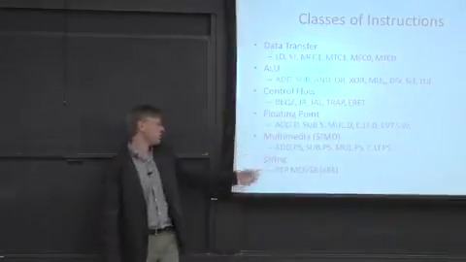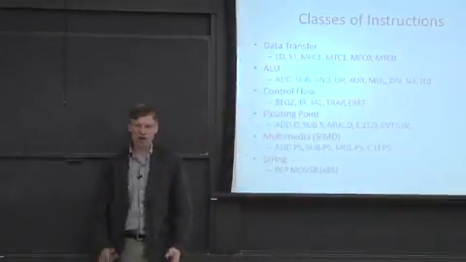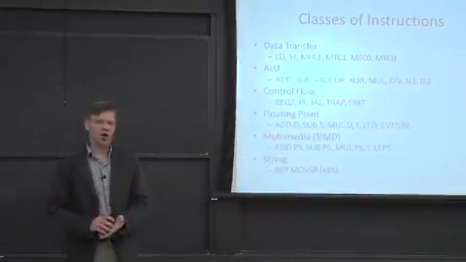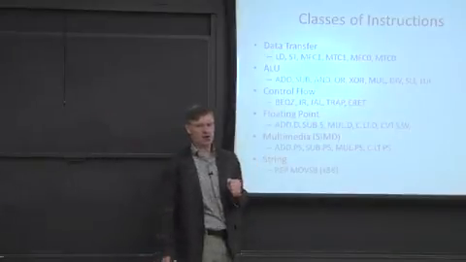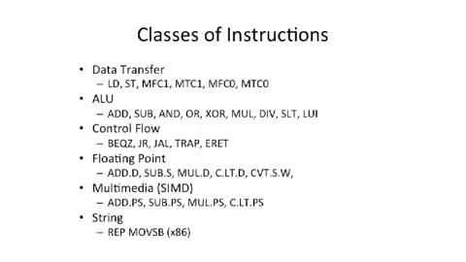You can have multimedia instructions, or what's called single instruction multiple data. And we'll be talking about SIMD a bunch in this course later when we get to data parallelism and vector units. And this is an example out of x86 I wanted to give of stranger operations that sometimes show up as fundamental instructions in instruction set architectures. This is an example called rep movsb.